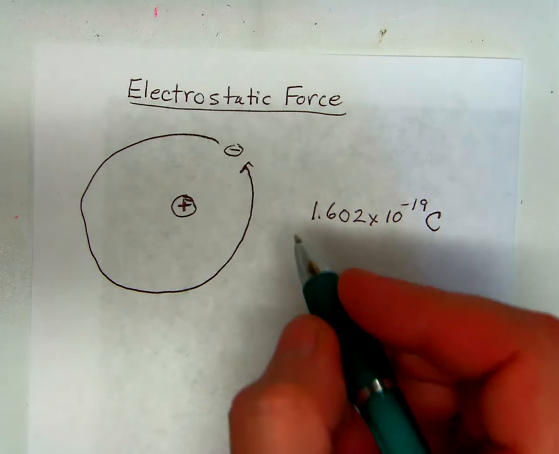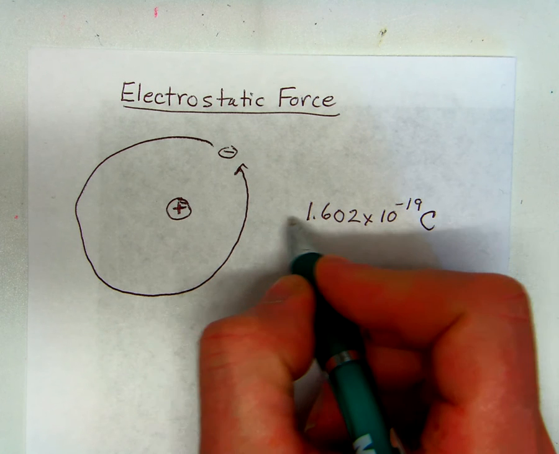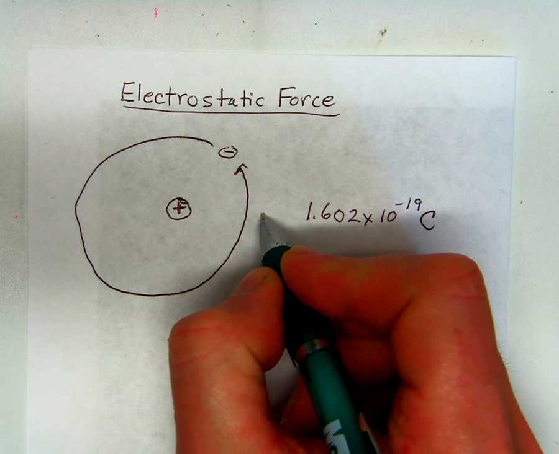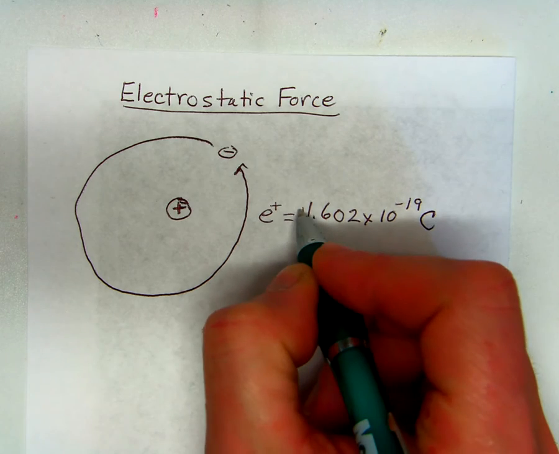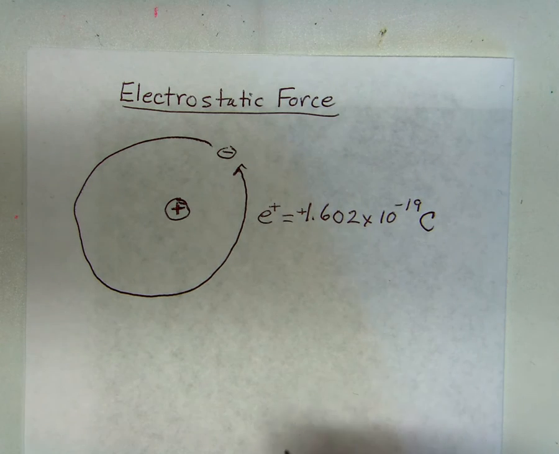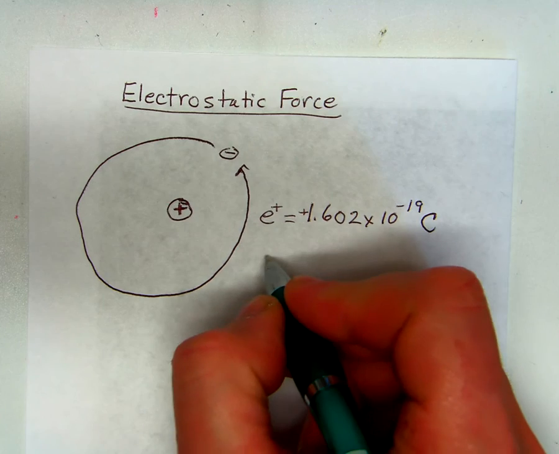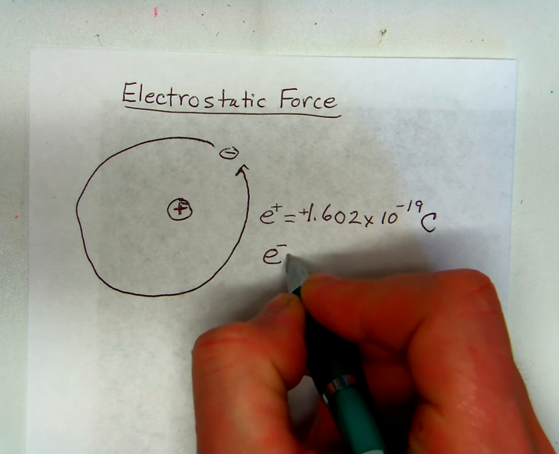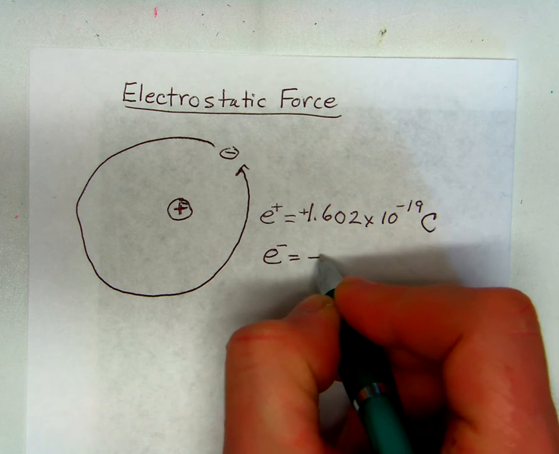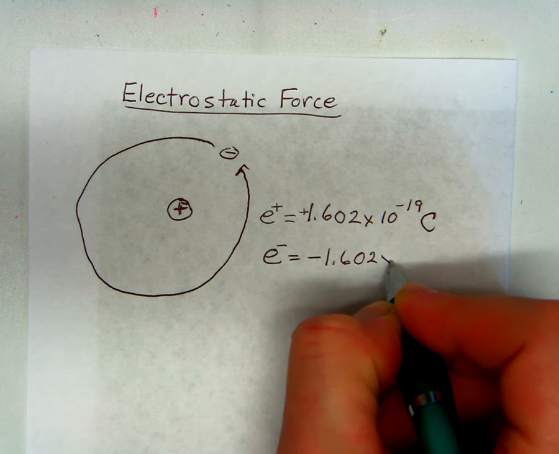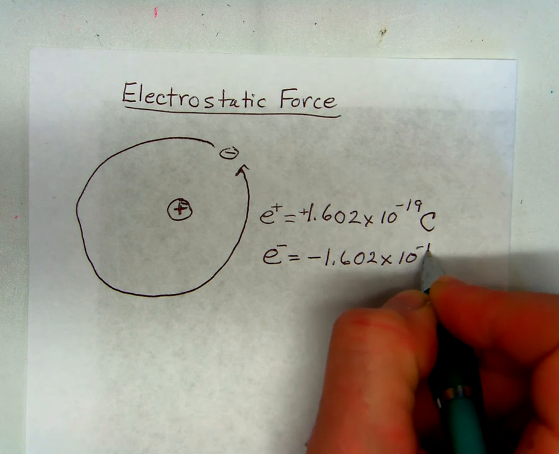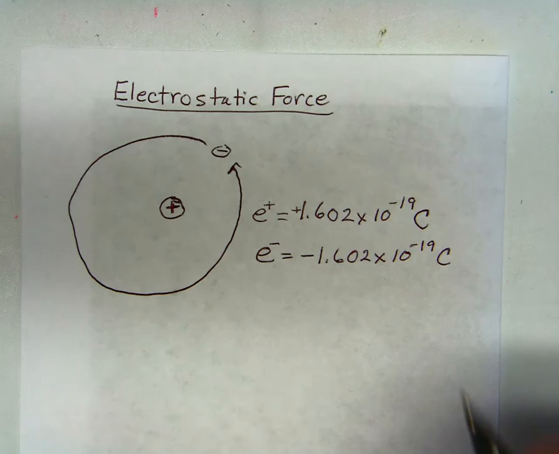It's just for a proton, it's positive, and we'll use e plus as the symbol for a proton. We have a positive charge here. For an electron, and we're going to use e minus for that, our charge would be negative 1.602 times 10 to the negative 19th coulombs.